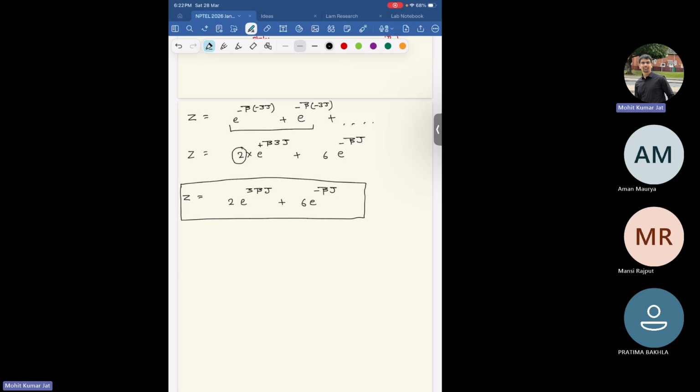If you have a 3 spin Ising Hamiltonian system and you have to estimate the partition function, that's the form it will have.